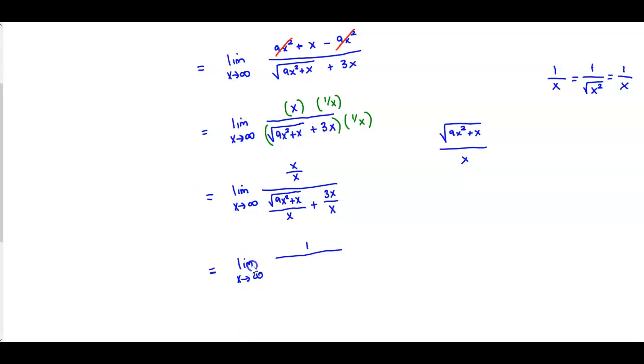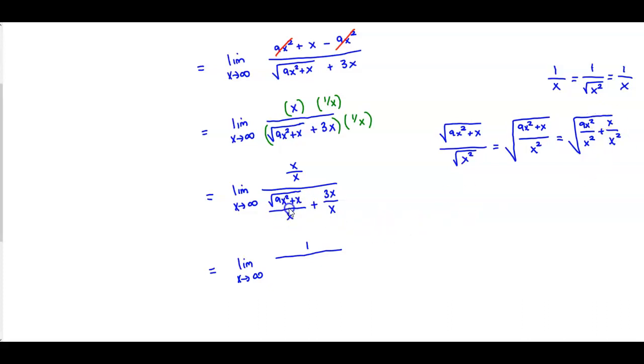Now, since we are going to positive infinity, we can use the positive version of the square root of x squared. This means we can divide this by the square root of x squared, and so we can share the actual denominator. It becomes 9x squared plus x divided by x squared. Now we get 9x squared divided by x squared plus x divided by x squared.